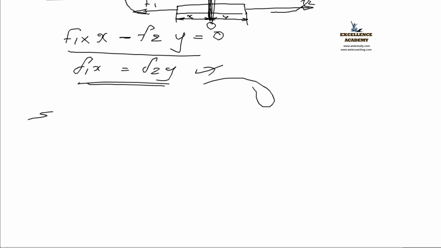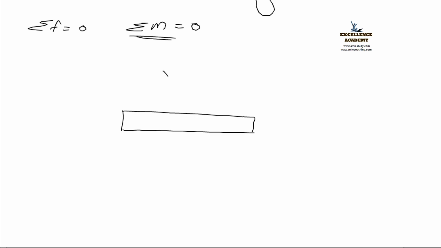Suppose one more thing also: a force is acting on a body like this, at an angle theta. Say force F1 is acting on the body at an angle theta. Then an inclination is there for that force.